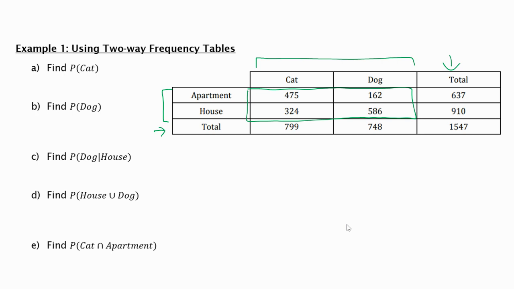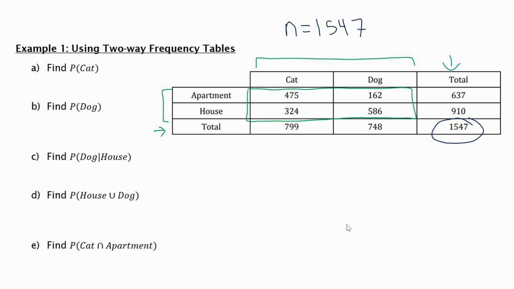One thing you always want to recognize in a two-way frequency table is the sample size being represented, which you can see in the corner. Our n, or sample size, is 1,547. We're still just calculating probability, but keeping in mind the number of people represented in this table.